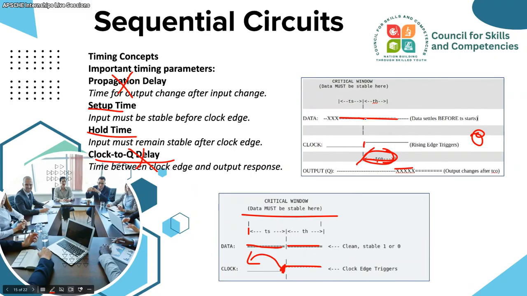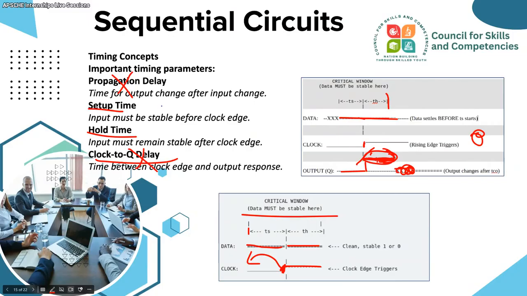So the data needs to be stable for that time also. That is the hold time, and you can call it the clock-to-Q delay time. The output will not take effect as soon as the clock pulse is triggered. It will take some time, and then the output will change.